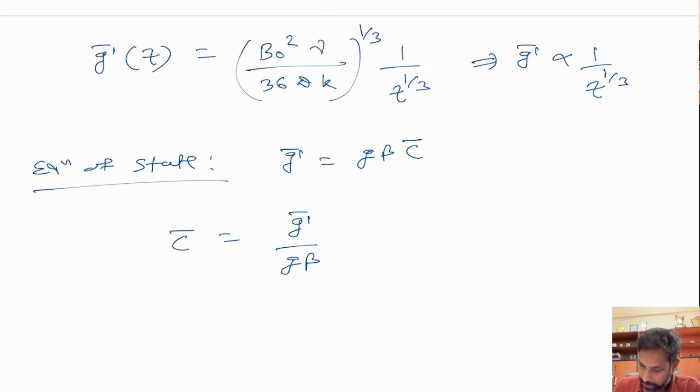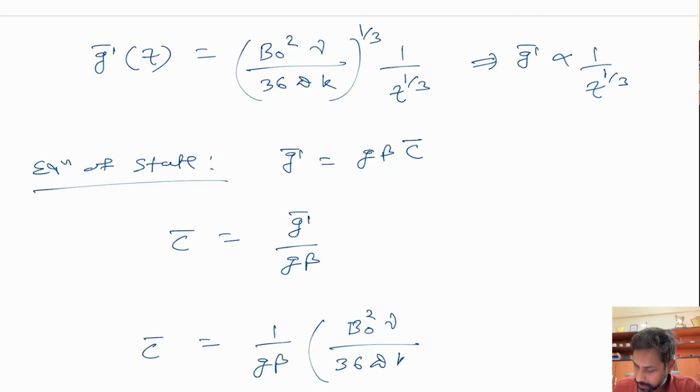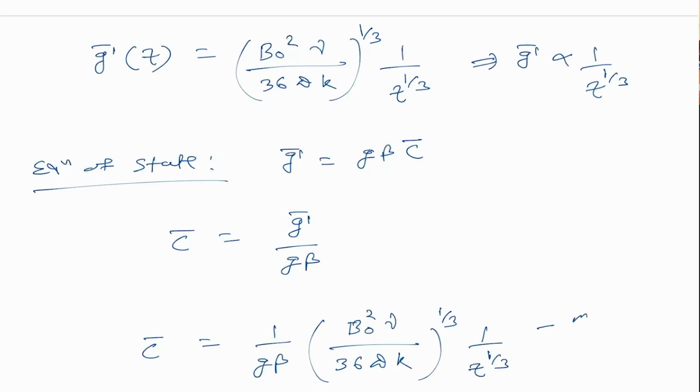So mean concentration of the plume is defined as 1 over G beta, B naught square nu over 36 dk to the power 1 over 3, over z to the power 1 by 3. Okay, so this is the mean concentration of the plume, right?